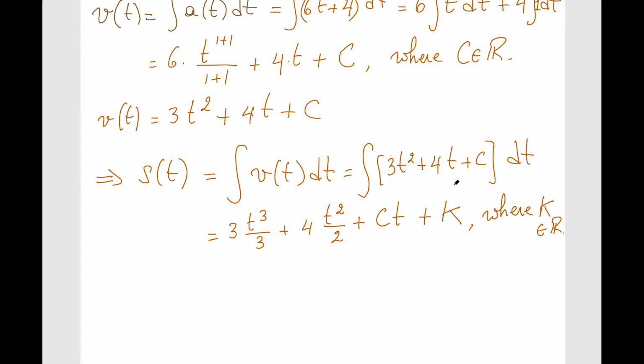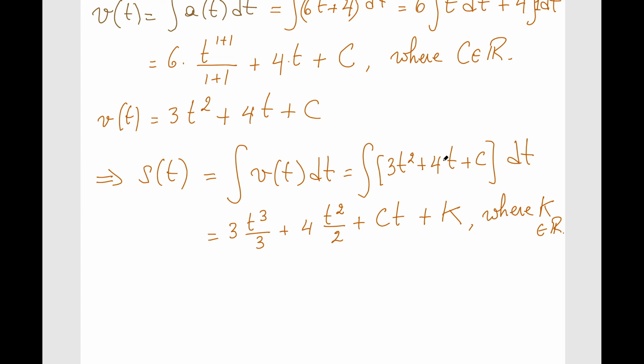Yes? So probably I did it a little fast, but it's because we've done many problems similar to this before. You split the sum first and then you push out multiplicative constants like we did above or before. So we push the 3 out, we integrate t squared. If you integrate t squared, this is t to power 2 plus 1 over 2 plus 1, and that is t cubed divided by 3.